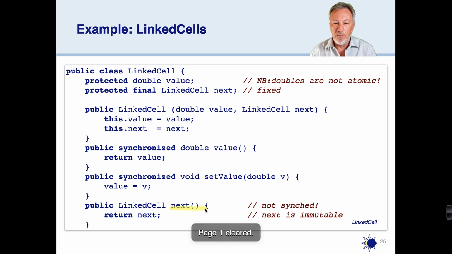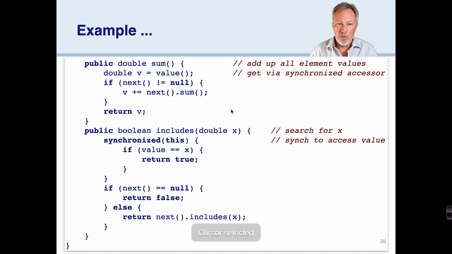And we have the pointer to the next cell. Since that's a final value, it's immutable, we don't need to synchronize it. So here we see a case which is the standard synchronized class mixed with immutability, because here we're accessing only immutable state.